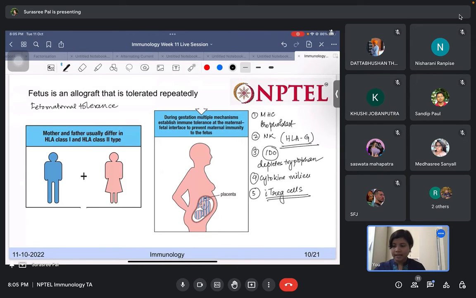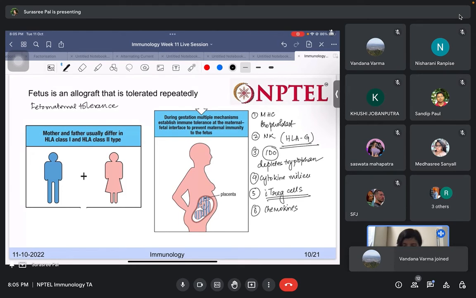Okay, and the last one is the chemokines. The chemokines attract the T cells to the antigens, but here there is reduced expression of the chemokines.